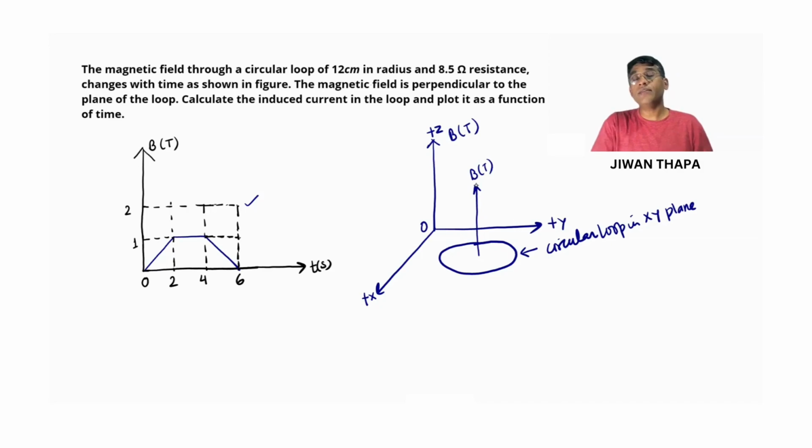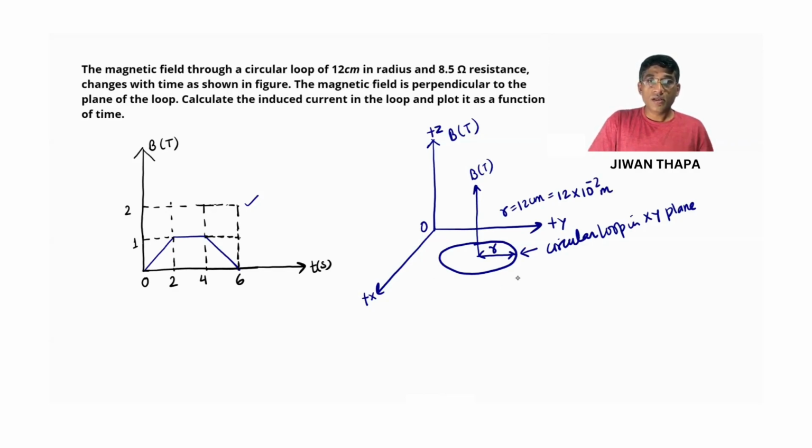So magnetic field is perpendicular to the xy plane, that is, perpendicular to the plane of the circular loop, and the radius of the circular loop is r. So r equals 12 centimeters, and we can change this into meters.